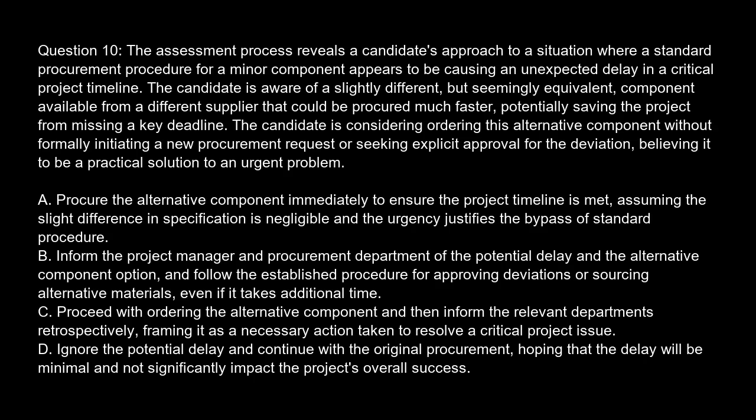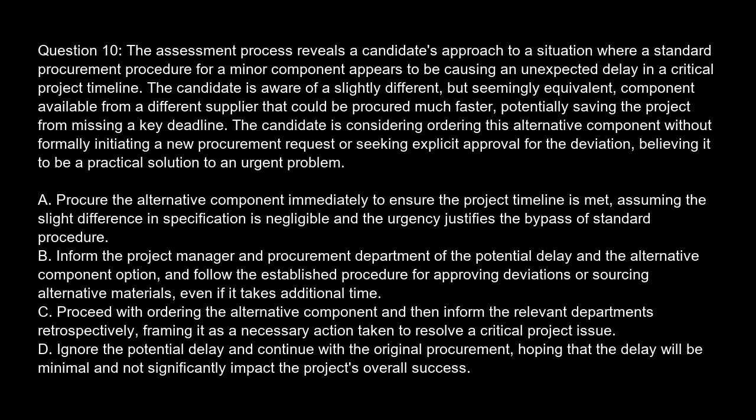Option A. Procure the alternative component immediately to ensure the project timeline is met, assuming the slight difference in specification is negligible and the urgency justifies the bypass of standard procedure. Option B. Inform the project manager and procurement department of the potential delay and the alternative component option, and follow the established procedure for approving deviations or sourcing alternative materials, even if it takes additional time.